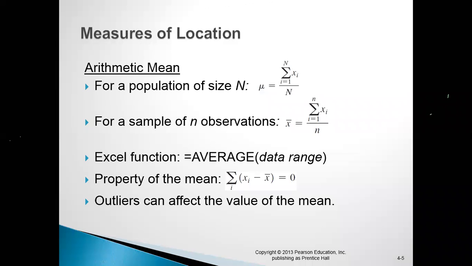So what does that mean? Measures of location means describing the position of a particular item, right? For example, the mean is considered to be the center of a particular data, or an average of the data, revolving around the center.